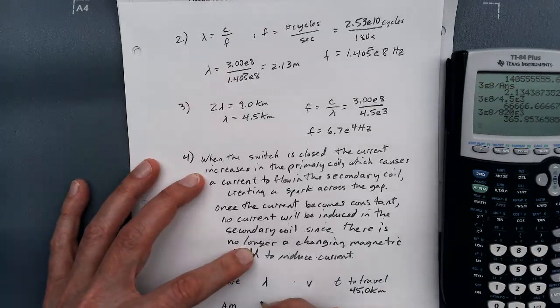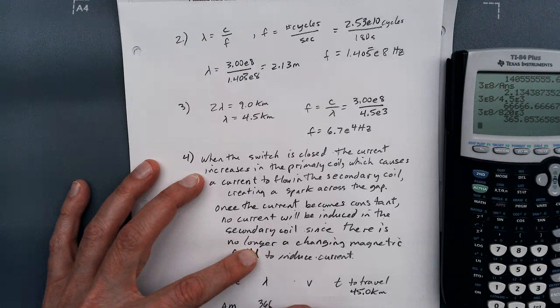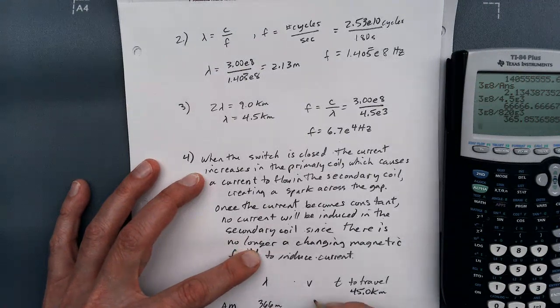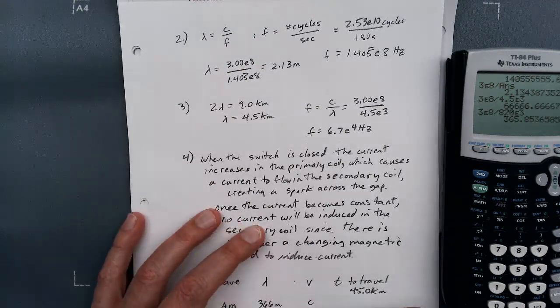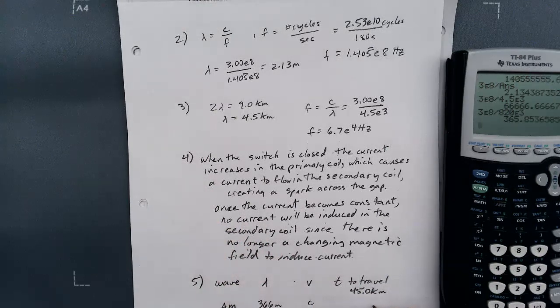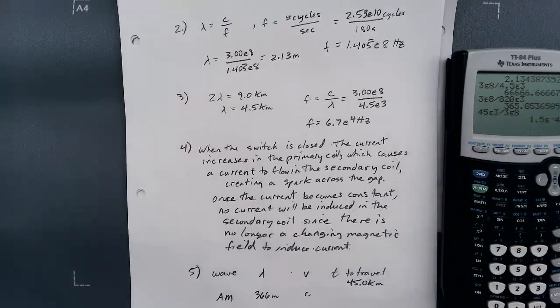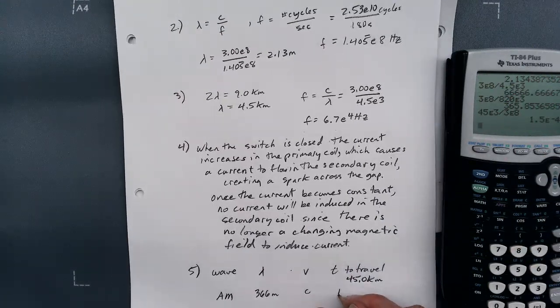Okay, so the wavelength is 366 meters. The speed should be c, and for the time to travel 45 kilometers, think about your time is distance over speed. So the distance is 45 kilometers, and the speed, of course, is 3 exponent 8. 1.5 e negative 4.